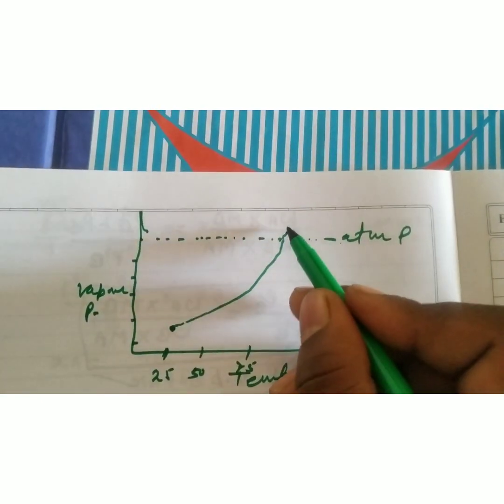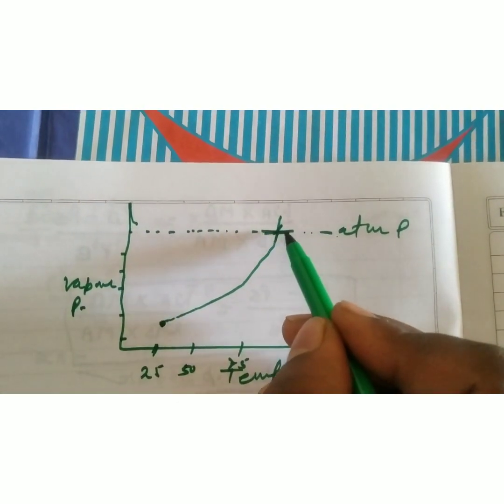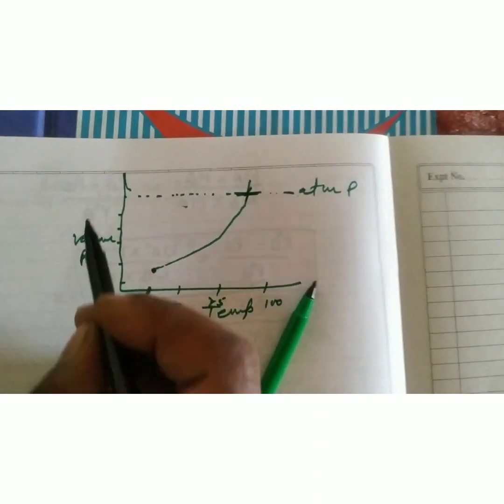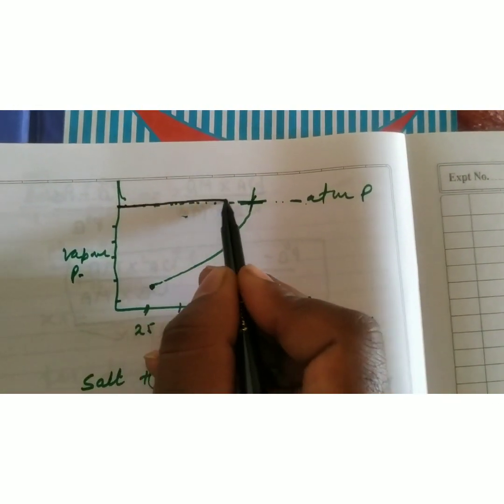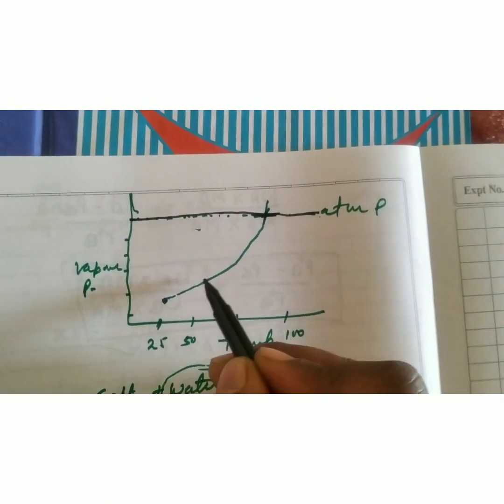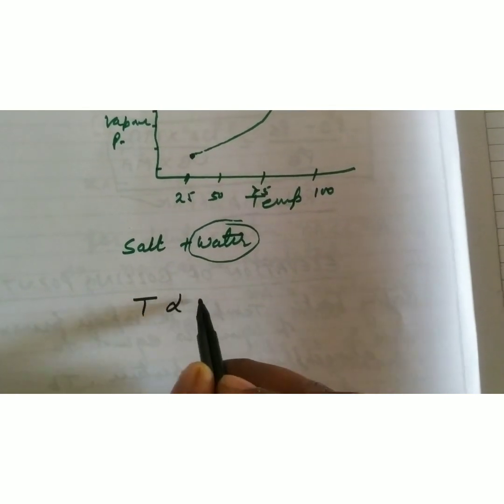And when the vapor pressure is equal to atmospheric pressure, at this point, this line is the atmospheric pressure line. As the temperature increases, vapor pressure increases. Why? Because we know temperature is directly proportional to pressure.